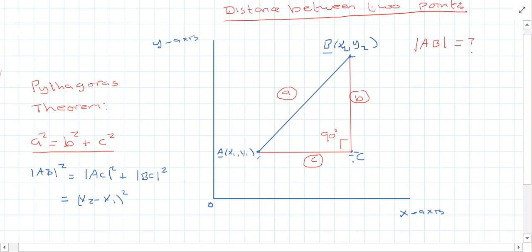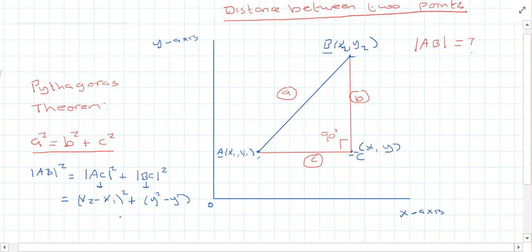So if we think about it, it's this x value minus this x value, plus the y value, which is going to be y2 minus y1. This simplifies into this if we just take into account the coordinates or the points, each having an x and a y coordinate.